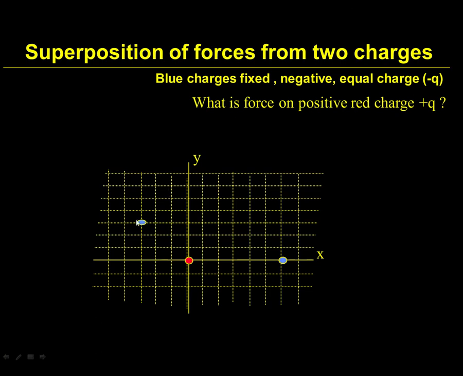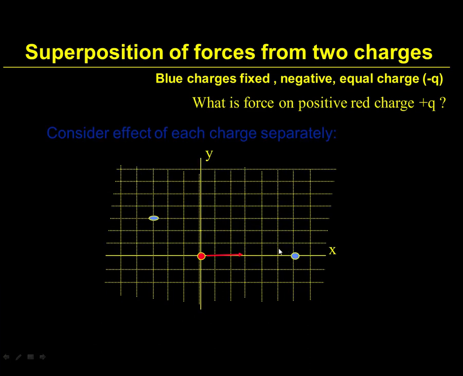Let's consider three charges. On the figure, you see the blue charges are fixed, negative and equal, and the red charge is positive. The positive charge attracts the blue charges. For example, here is the force of attraction between this blue charge and the red charge, and here is the force between the other blue charge and the red charge.